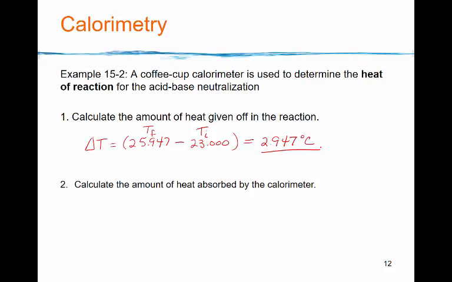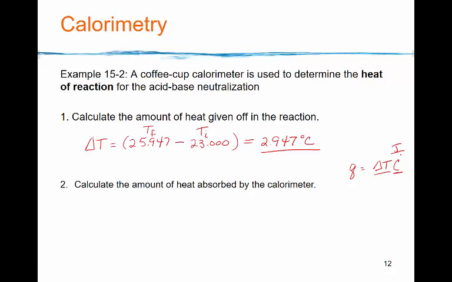Next, we can calculate the amount of heat absorbed by the calorimeter. We can do that because we know that Q is going to be equal to delta T times the heat capacity, right? Why is that?